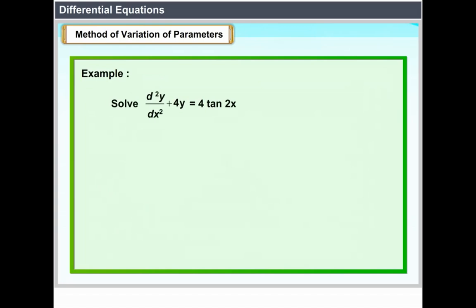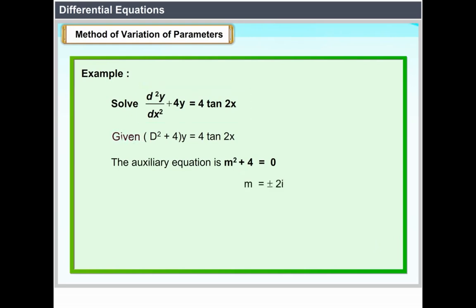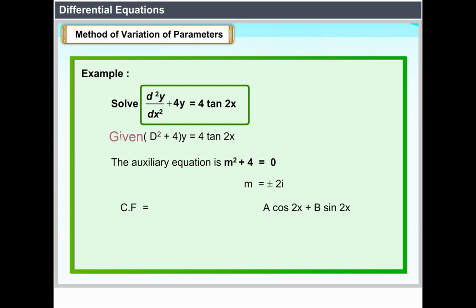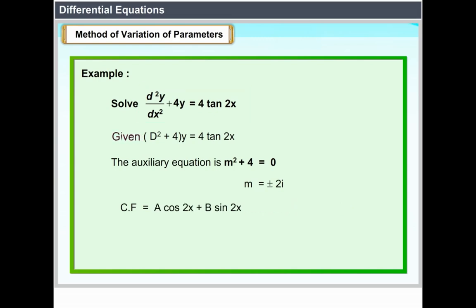Example. Solve d²y/dx² + 4y = 4 tan x. Given (D² + 4)y = 4 tan x. The auxiliary equation is m² + 4 = 0, m = ±2i, CF = a cos 2x + b sin 2x.